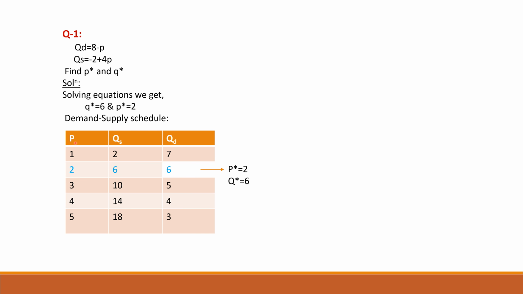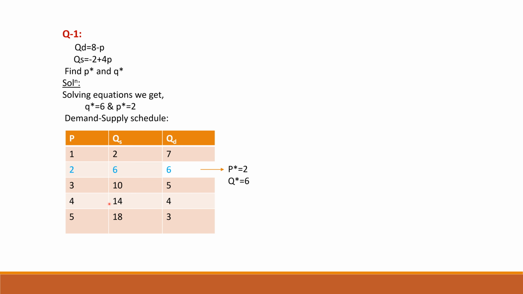And at price 5, quantity supplied is 18 and quantity demanded is 3. Here we can see where quantity supplied and quantity demanded are the same, the price is 2. So we can say that quantity supplied equals quantity demanded, so the equilibrium price is 2. So that is the equilibrium point.